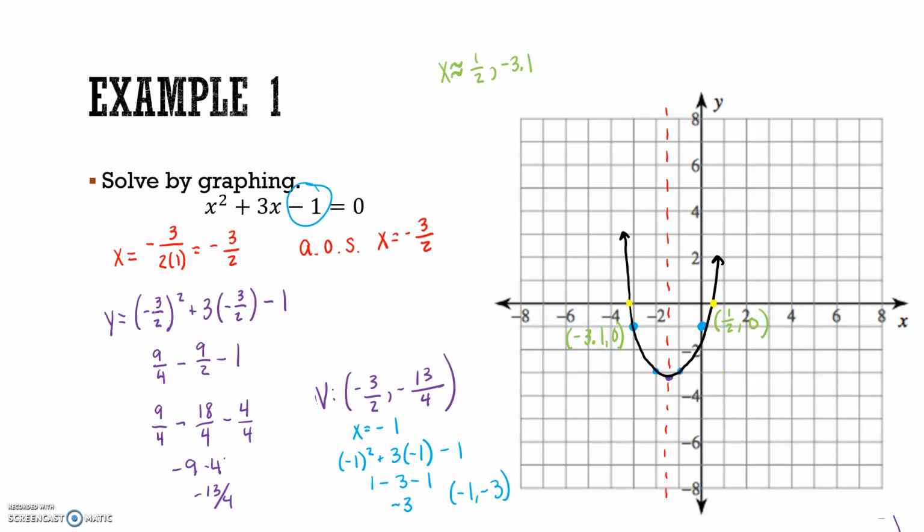I would say that the benefit here is that you can see what your answer is. You can see the solution. But just like with graphing systems of equations, sometimes I'm going to get an inaccurate answer because it's not crossing directly at a certain point. So those are some of the things to think about.